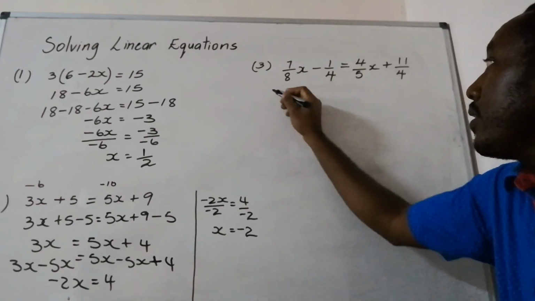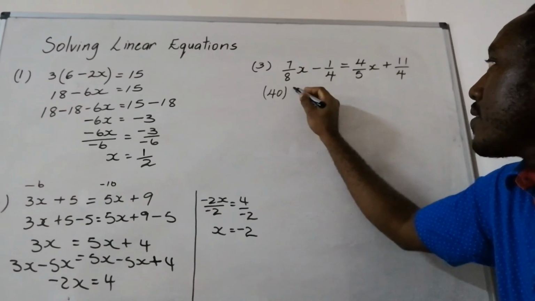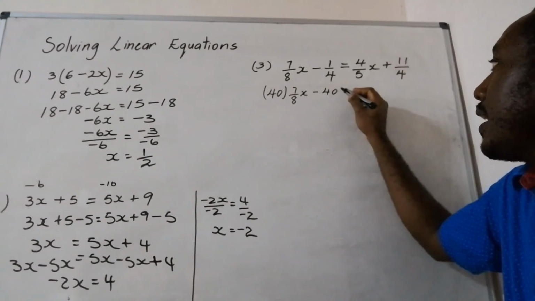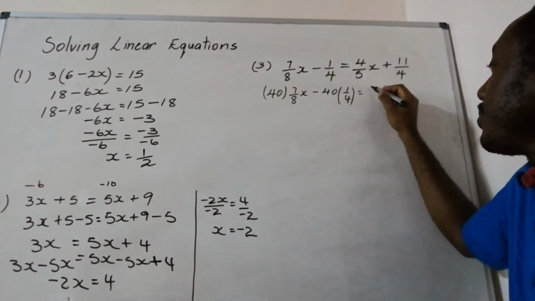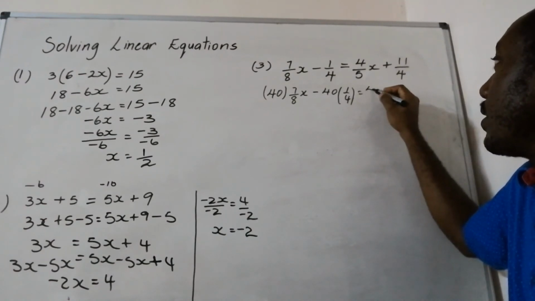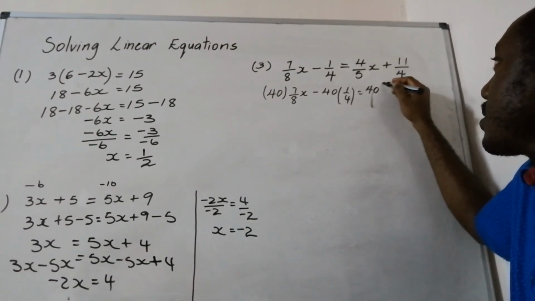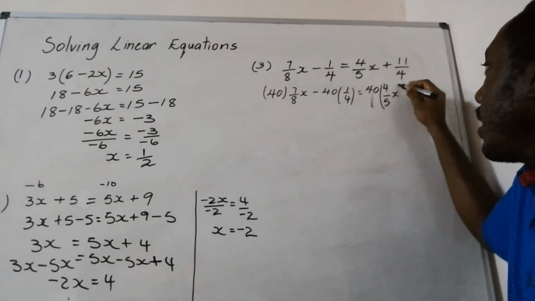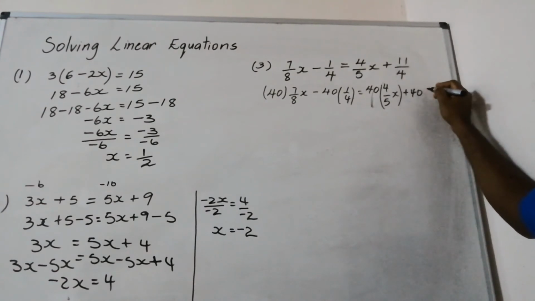So, we have 40 times 7 over 8x, take 40 times 1 over 4 is equal to 40 times 4 over 5x and plus 40 times 11 over 4.